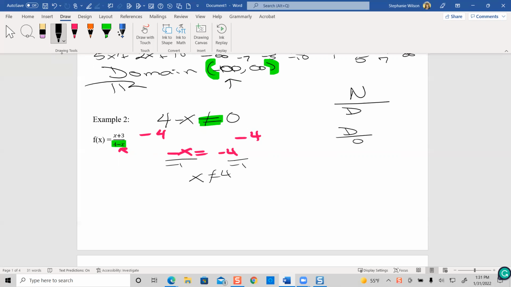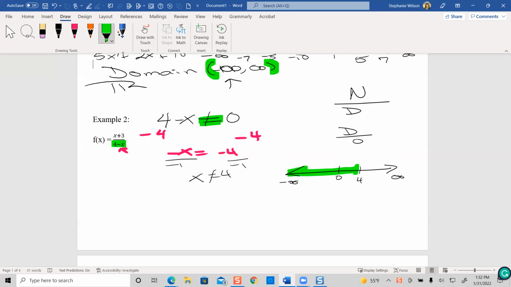All right, so now I know that x cannot equal 4 in order for this to be real. So whenever I put this on the number line, I'm going to plot my 4 right here. I've got my infinities and negative infinities. This tells me that I'm not going to touch 4. I'm going to try to get close to it, all the way out to negative infinity.